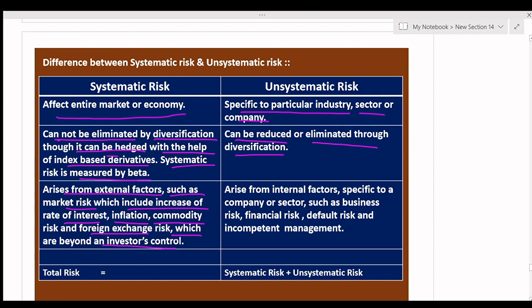From the point of view of unsystematic risk, this arises from internal factors specific to a company or sector such as business risks, financial risks, default risks and incompetent management. Now total risk is equal to systematic risks plus unsystematic risks.